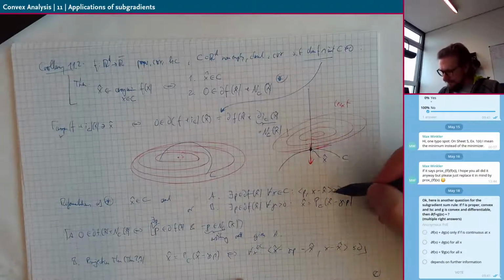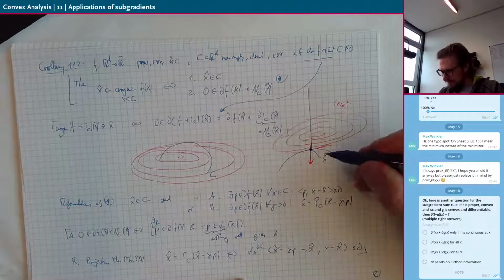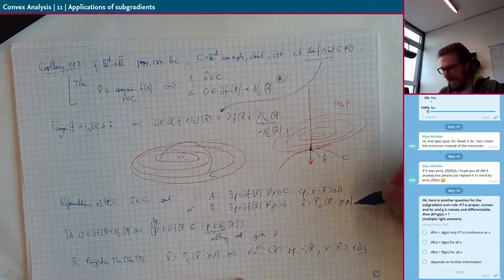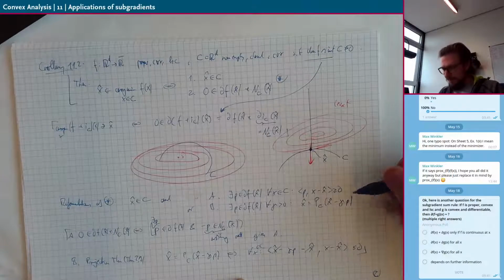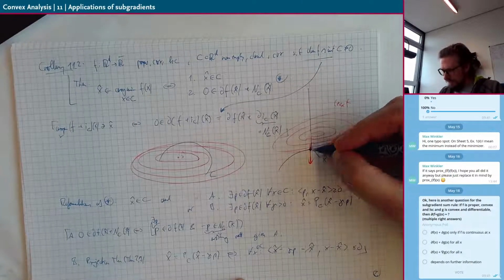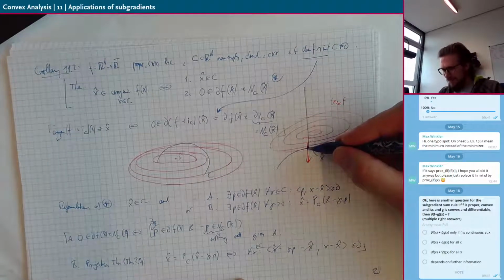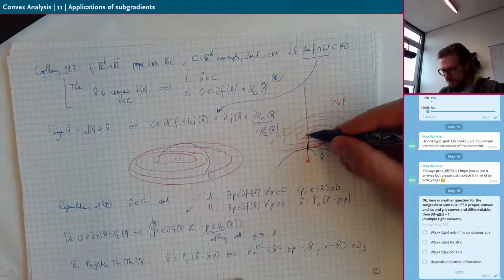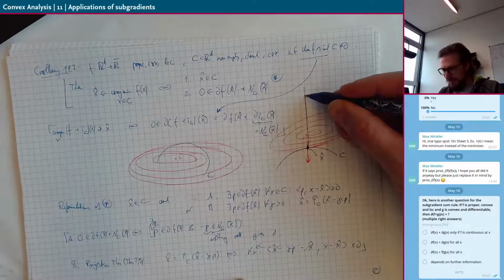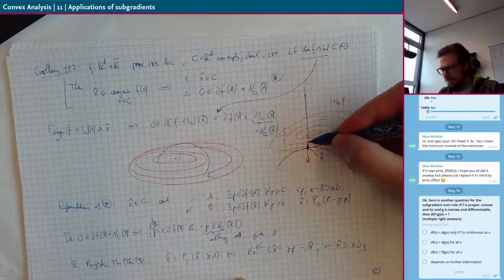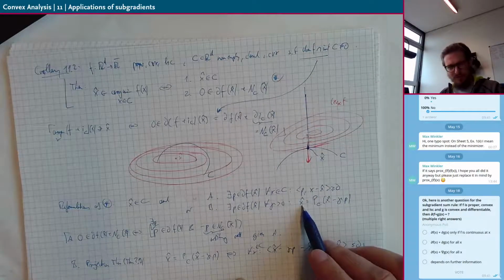It means this x hat should have the property that if we move from x hat any amount in the negative direction of a subgradient, which is this here, you can move any amount in this direction. But if we then project back to C, we end up exactly where we have been.